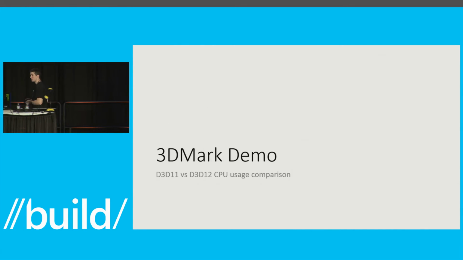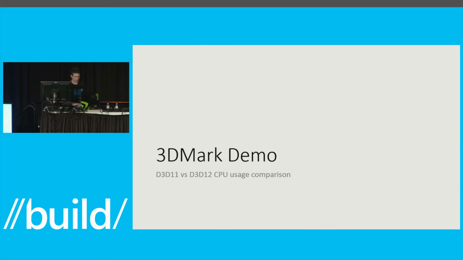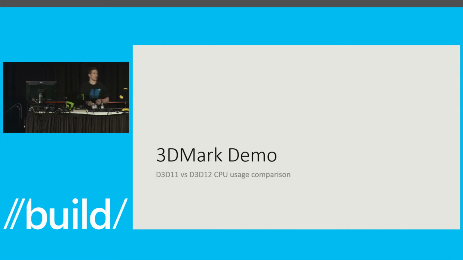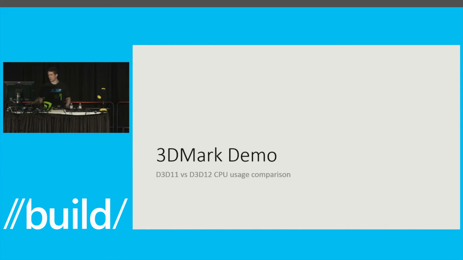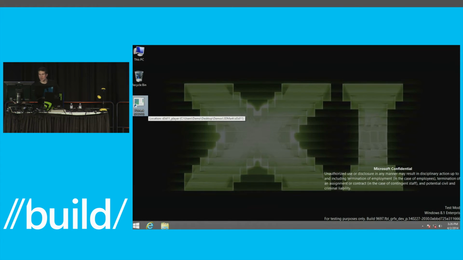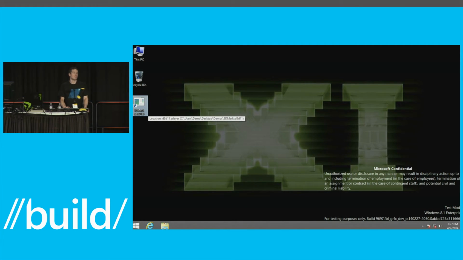Okay, so I mentioned we have a little more general engine than just sample code, and it's 3D Mark. So this is a machine running a shipped 11 driver, available to anyone. You can download it.